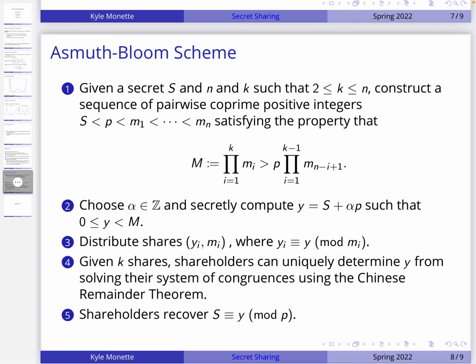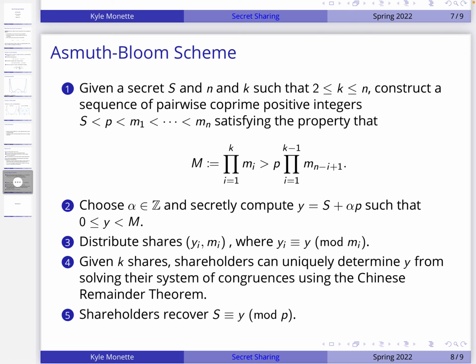And if you have k shares back together, they can determine y, because this sets up a classic system for the Chinese remainder theorem. And once you determine y, then you can do y mod p. Because if you do y mod p, the alpha p term is 0, and then you just get s.